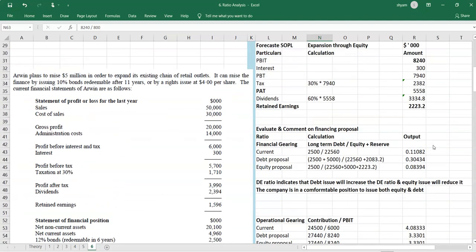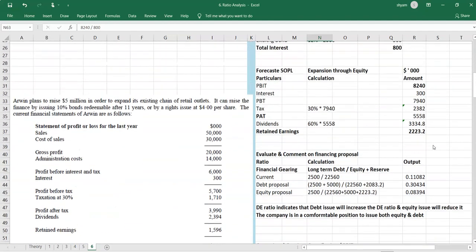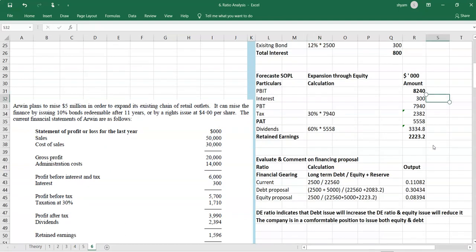The next one is equity proposal. So you can again get it here. It is 8240 divided by 300.